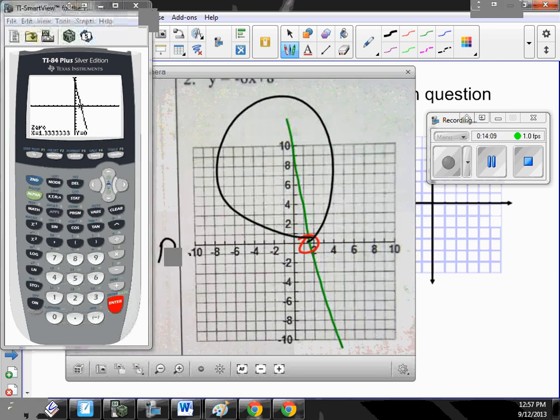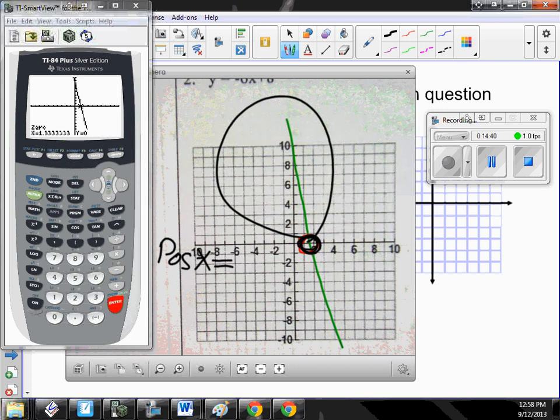So positive x equals what is the smallest x value that will give me a positive number? What's that? 1.33 is the biggest. So here's the changing point. Are my positive values to the left of that or to the right of that?